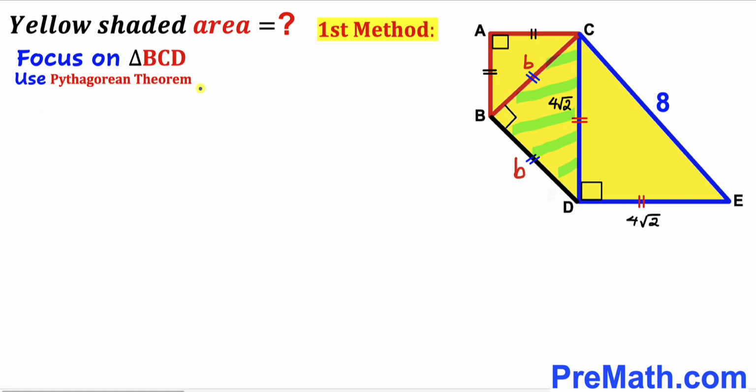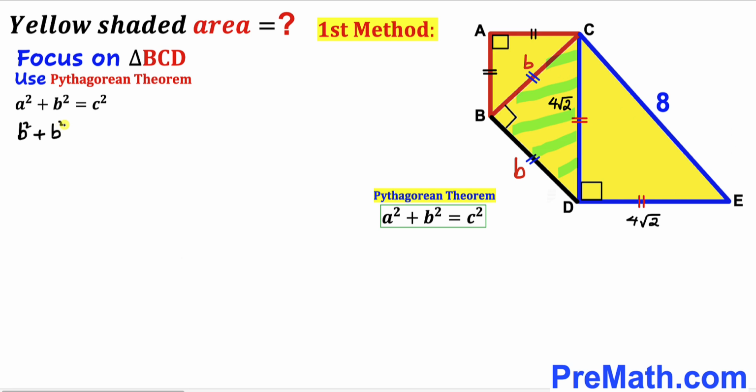We are going to apply the Pythagorean theorem on this triangle as well. Here is our Pythagorean theorem once again: a squared plus b squared equals c squared. In our case, our hypotenuse is 4 times square root of 2, whereas our two other legs are lowercase b and lowercase b as well. Let's fill in the blanks in this formula. So we got b squared plus b squared equals (4 times square root of 2) whole squared.